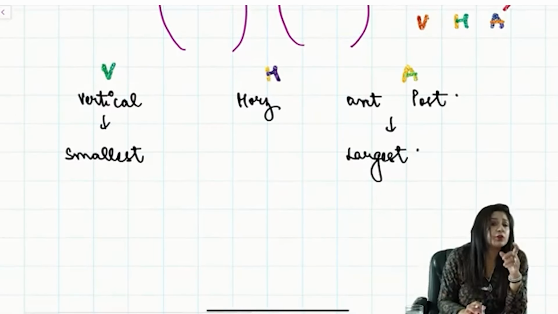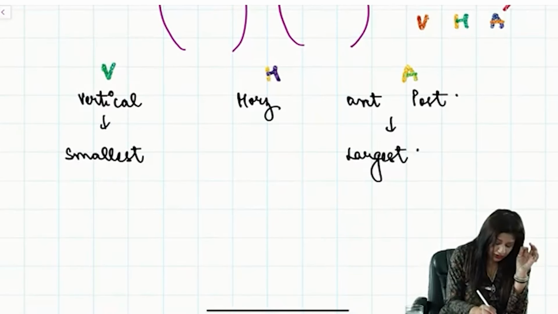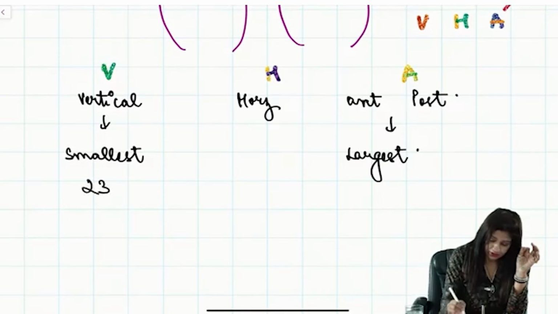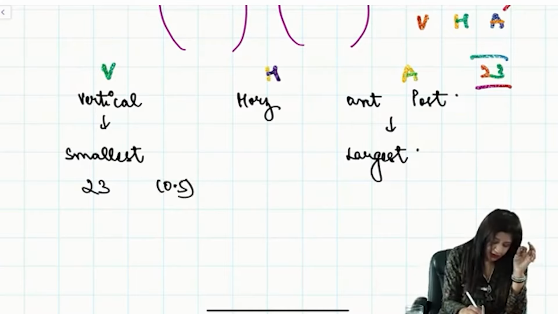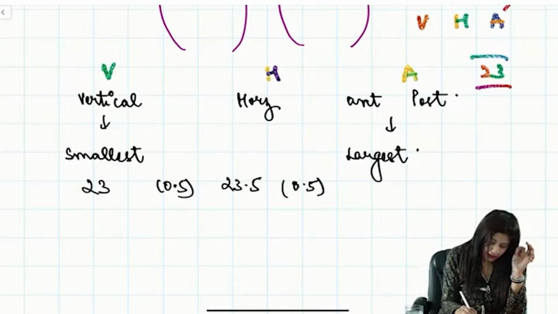And if I want to remember the diameter, how much it is, then remember just 23. 23 say we will start, and then at 0.5 we get 23.5, then we add 0.5, and then we get 24. This is all in mm.